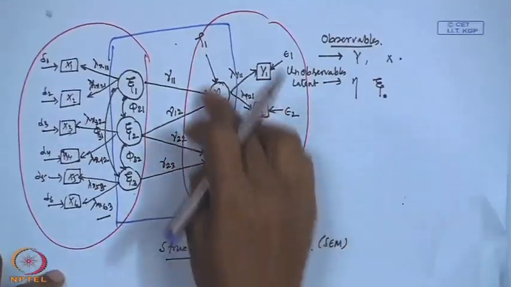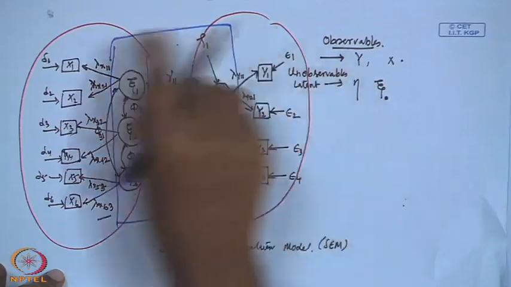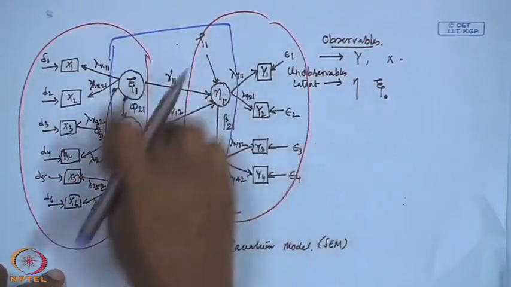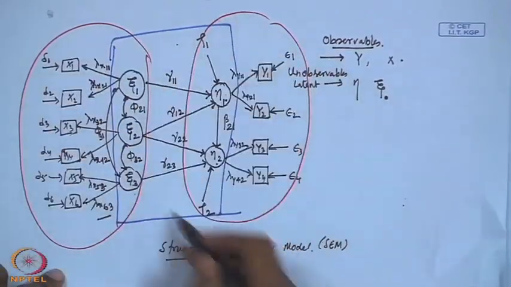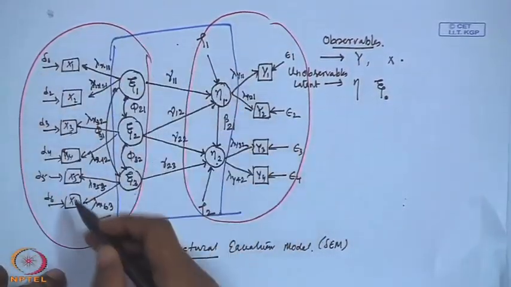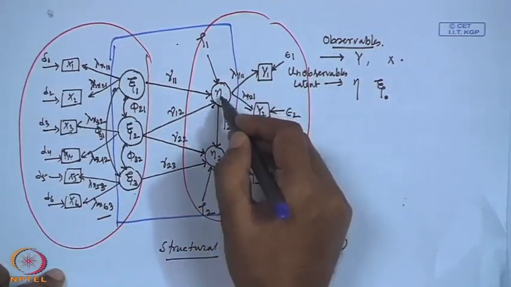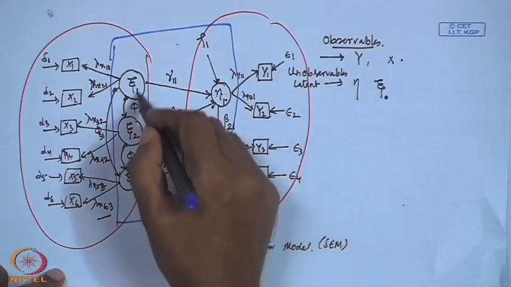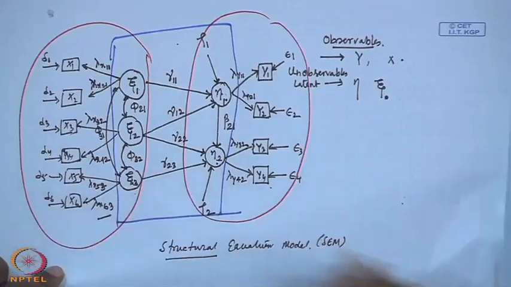First you develop the measurement model, forget about the structural part. You have this many x variables, this many y variables, irrespective of eta and xi, you first go for one measurement model, where you will confirmatorily factorize eta 1, eta 2, xi 1, xi 2, xi 3 from y 1 to y 4 and this. This is the first step.